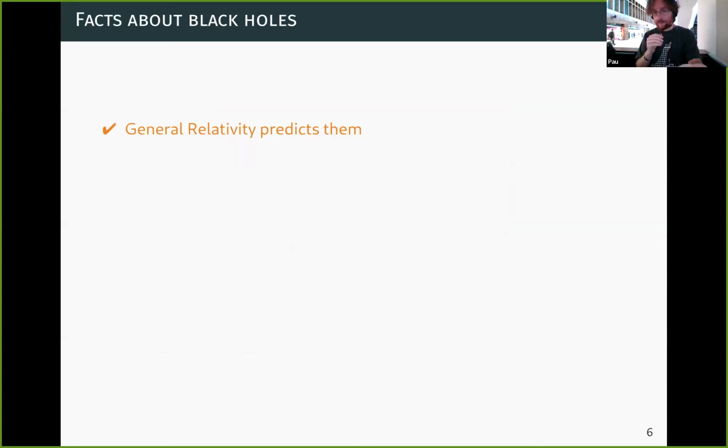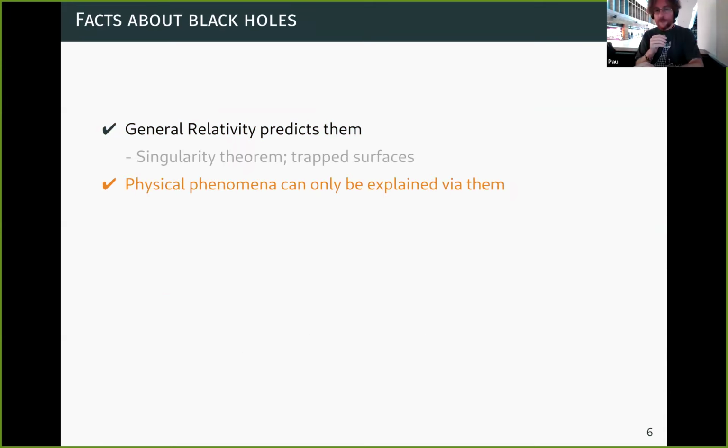Have you asked yourselves this question? Well, first of all, general relativity predicts their existence. Second, because we have the singularity theorem, we talk about trapped surfaces, and we have a long list of physical phenomena that can only be explained with black holes.